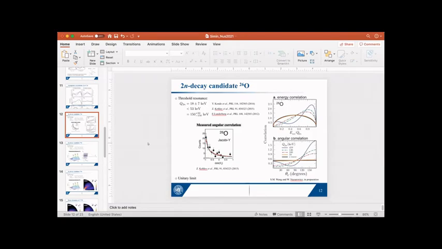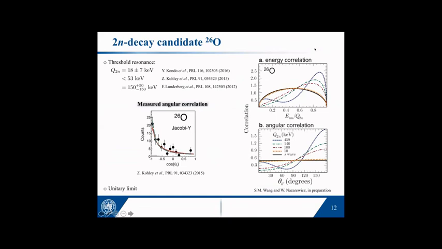May I add something to this? Please. Sure. We also did some calculations for oxygen-26. Let me show the screen. I think this is kind of a threshold effect. As you can see, we got those energy correlations for oxygen-26 on different energy scales.